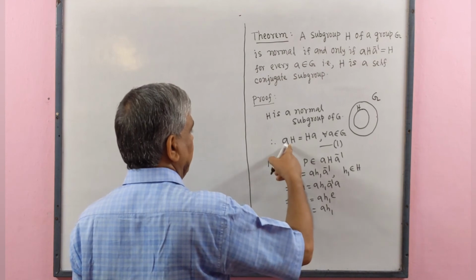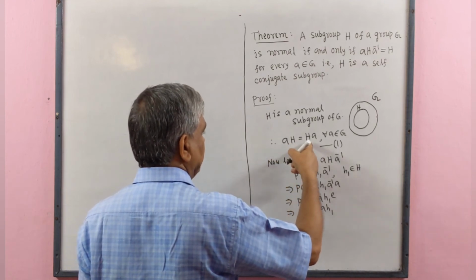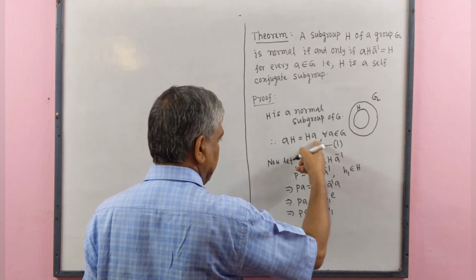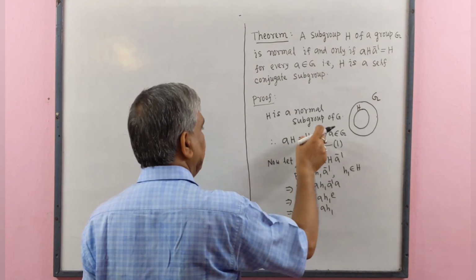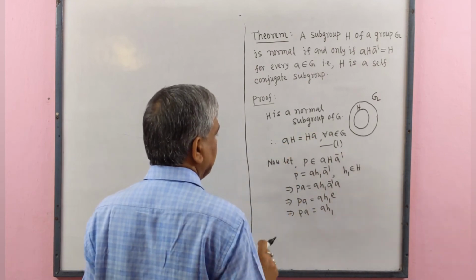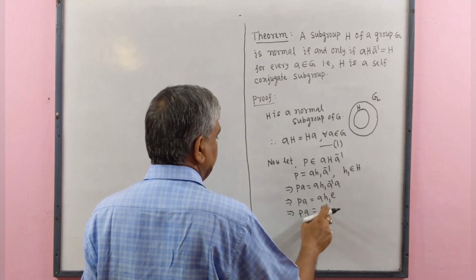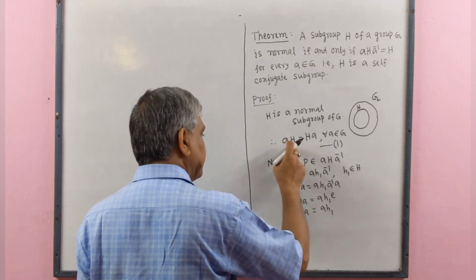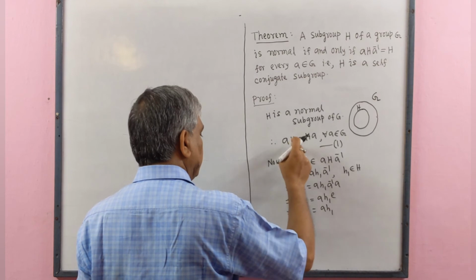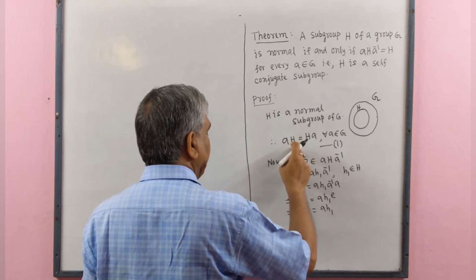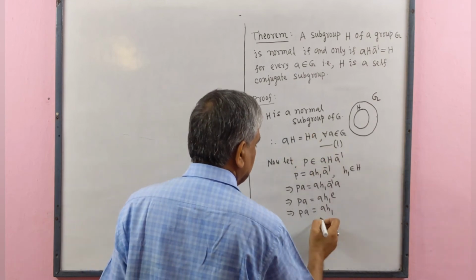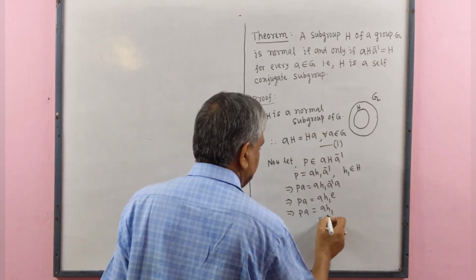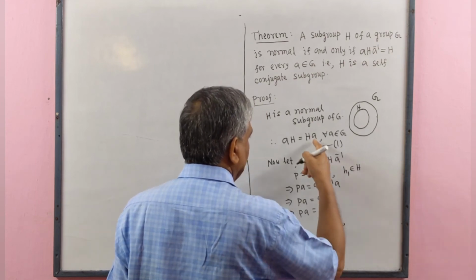Since aH equals Ha, that means the elements of aH and the elements of Ha are the same. Here we see that a h1 belongs to aH, so we may get the same element in Ha. Let the same element be h2 a in Ha.